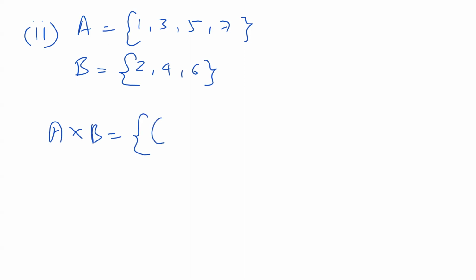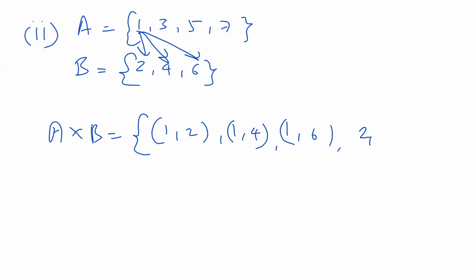Second component will be from the second set. 1, 2, 1, 4, 1, 6. Sorry. It will be 3, 2, 3, 4. Take the second object over here. 3, 2, 3, 4, 3, 6.